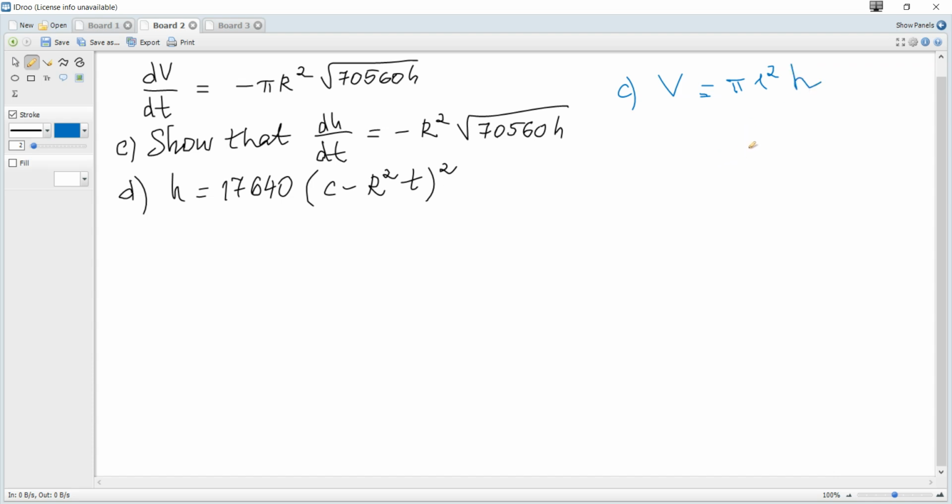Differentiating both sides with respect to time, we get dV over dt is equal to pi times 1, which is a constant, and h is some unknown function of t, so it becomes dh over dt.